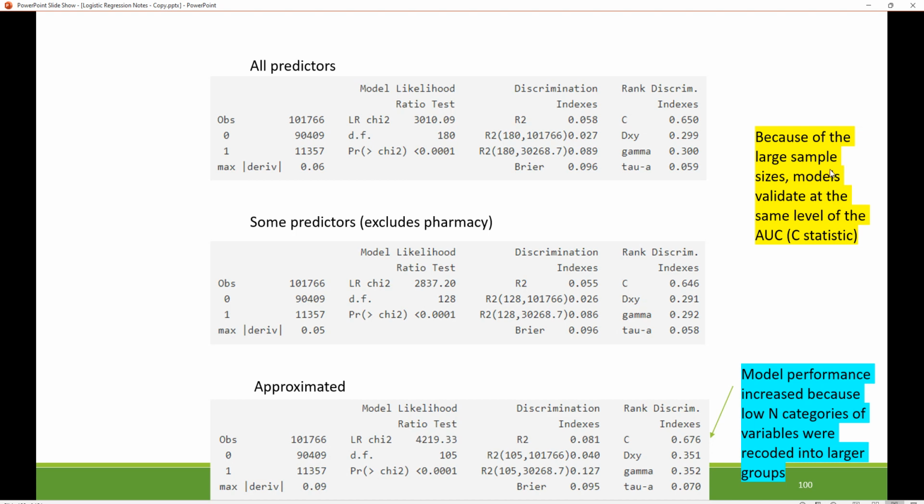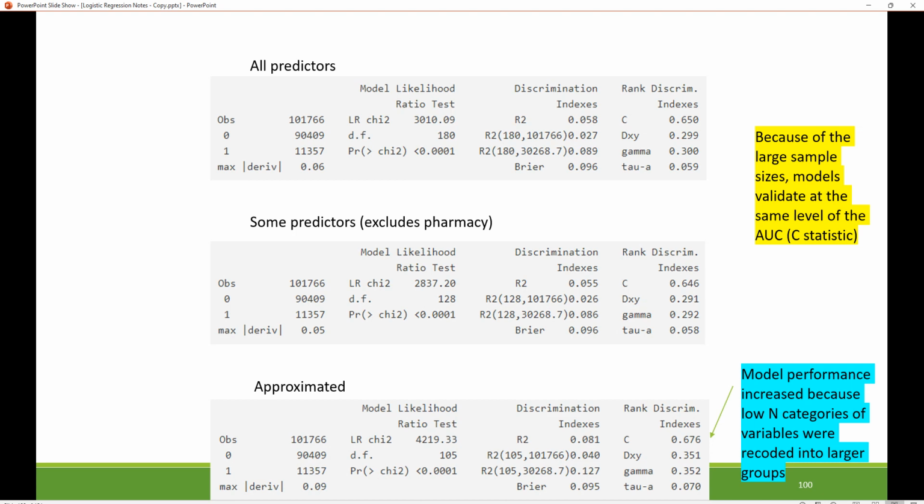Because of the large sample sizes, the models validate at the same level of the area under the curve, so they're not too far off. We do have a lot of data, and so if we did the model validation, the initial findings we see here are not going to be too far off from the actual model validation.